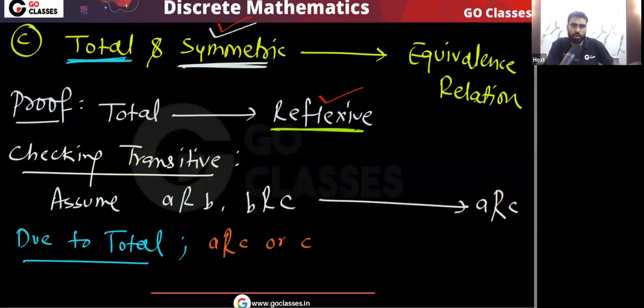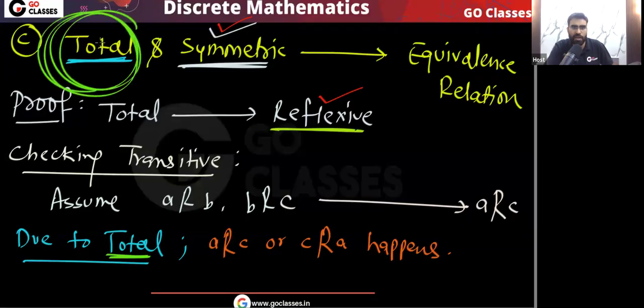Do you agree? Because total relation means for every pair of elements, at least one of them is related to another.